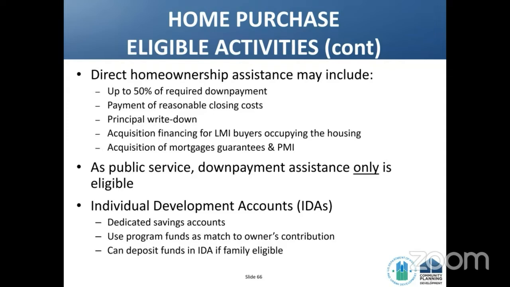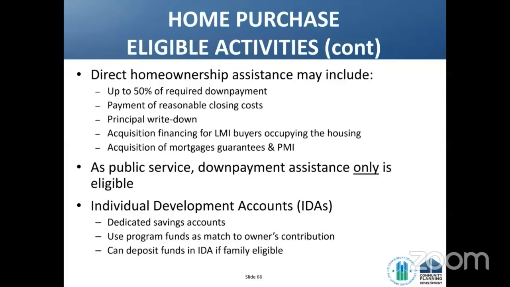Notice here that closing costs have to be reasonable. They're higher in some areas of the country than others, but they have to be reasonable for the area in which it's being carried out. The principal write down is really what we call soft seconds.